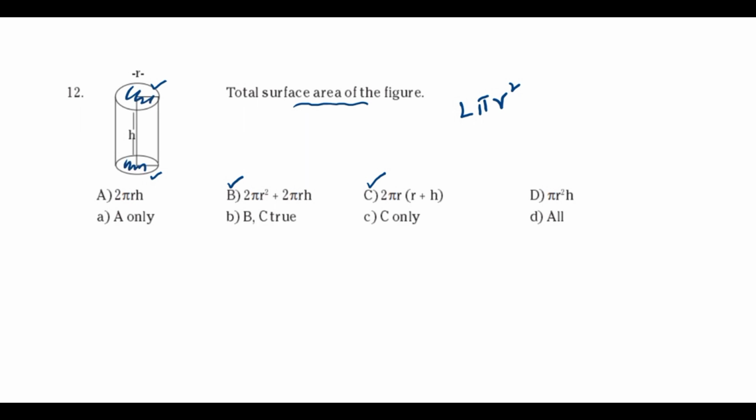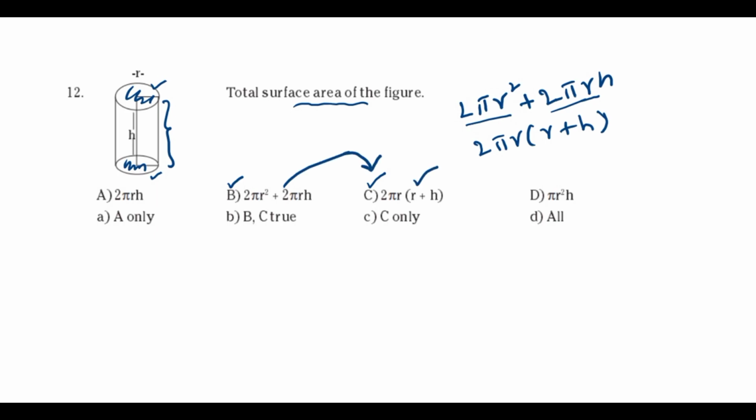And the remaining curved surface area we can get as 2 pi rh, right? Now if you take 2 pi r common from both, you will get 2 pi r into r plus h. So you will get this option. What is the answer? B and C both are true. Option B we will select from this.